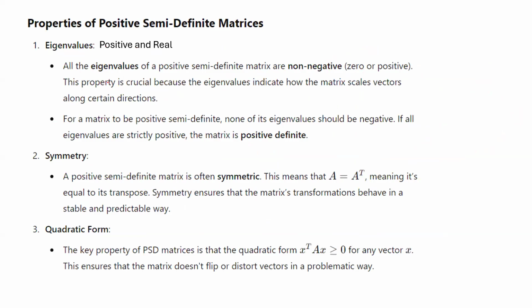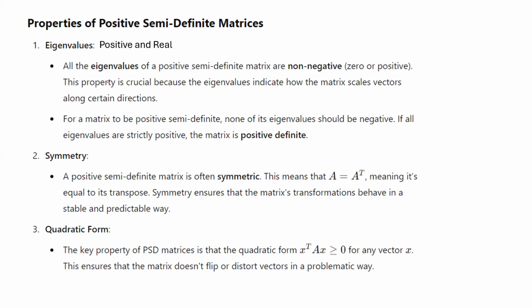What do eigenvalues actually tell us? Eigenvalues tell us the stretch of the vector, right? The stretch in the direction of the resultant vector. So if it is negative, what does that mean? It flips the vector in the opposite direction. But when the matrix is a positive semi-definite matrix, it will not flip the vector, because X transpose A into X is always greater than or equal to 0, right?